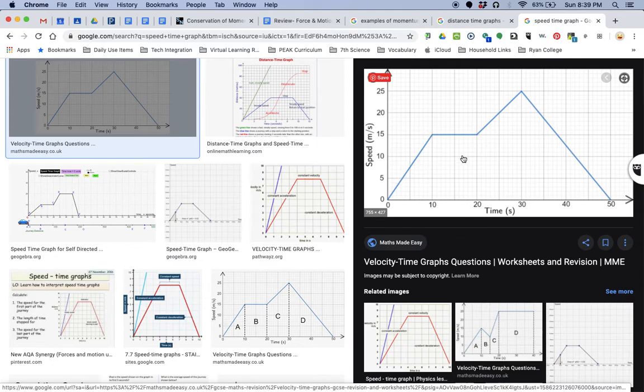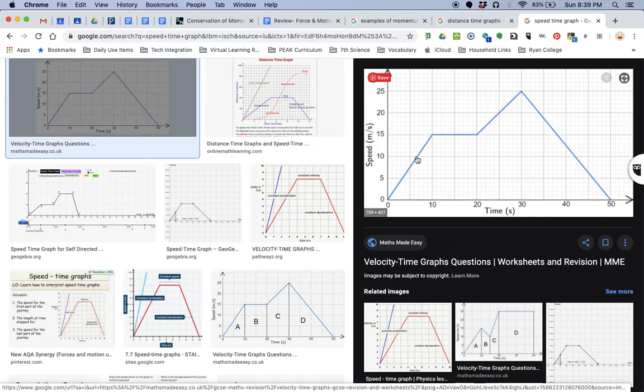Time is continuing to go. So my speed, now this would be if I was looking at simply not the odometer but the speedometer on my car. Which part of this line do you think would be where I am accelerating onto the highway?